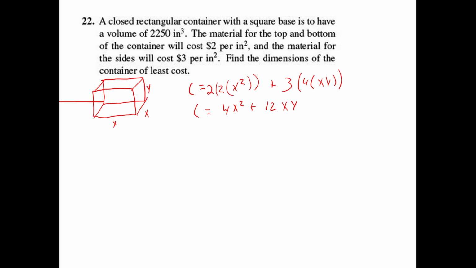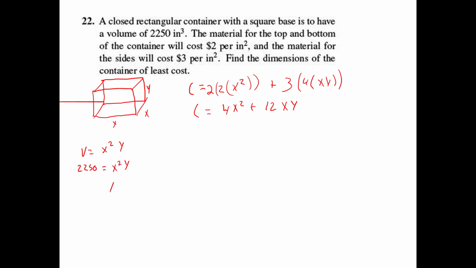A closed rectangular container with a square base is to have a volume of 2250 cubic inches. So the volume is the length times width times height, which is x squared times y. And so then since your volume is going to be 2250 cubic inches, so 2250 will have to equal x squared y.